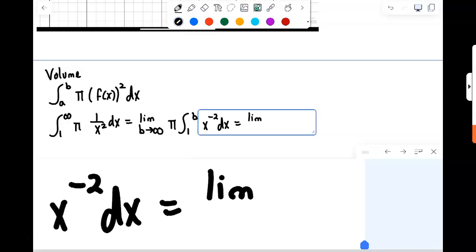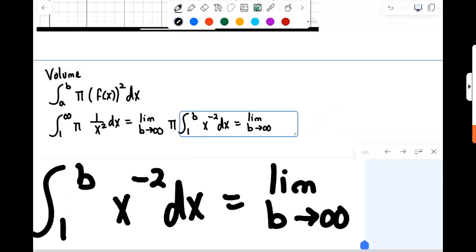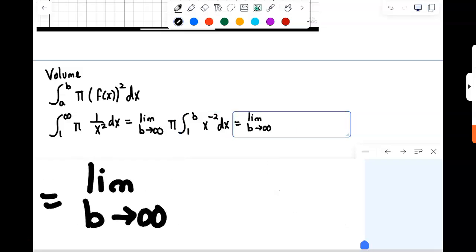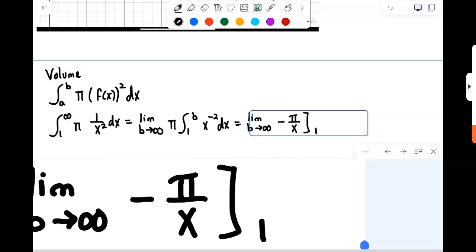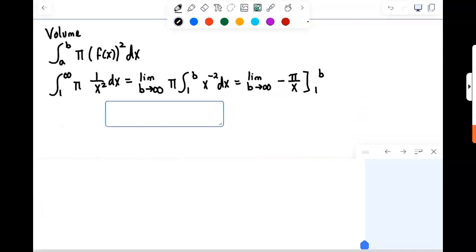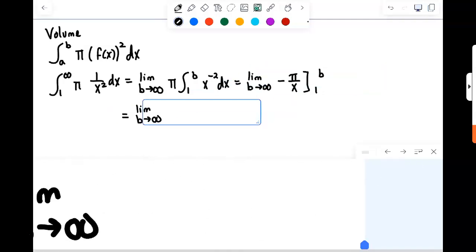Limit as b approaches infinity. Do the integral, which makes it negative 1, divide by it. So we're actually going to have negative pi x to the minus 1, or negative pi over x, sorry, getting ahead of myself. And it's going to be evaluated between 1 and b. So we have the limit as b approaches infinity, and we evaluate that.